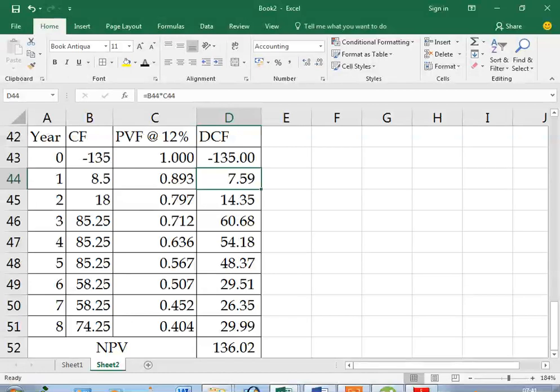Any doubts on this? The final NPV is positive. We'll go ahead with the project. Positive, go ahead. Negative, we don't do it.